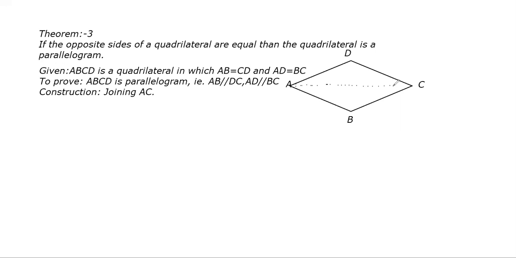Let's join diagonal AC. Now two triangles are made here, where opposite sides are equal. AB and CD are equal and AD and BC are also equal.